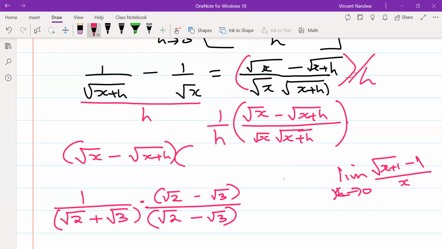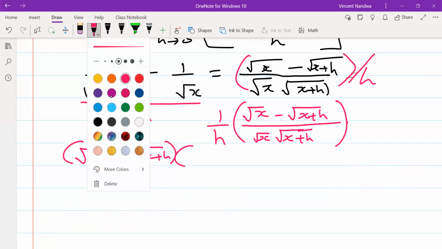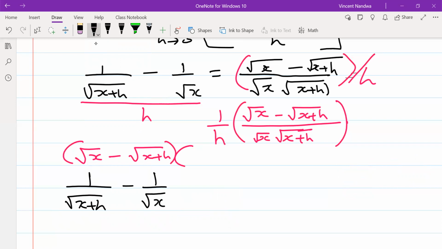Yeah, so what we do here, our interest is to reduce this expression: 1 over square root of x plus h minus 1 over square root of x.